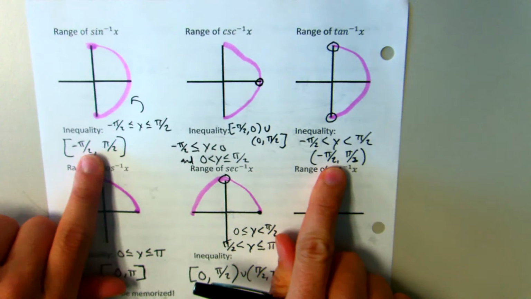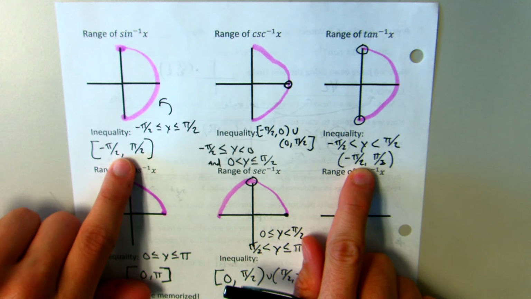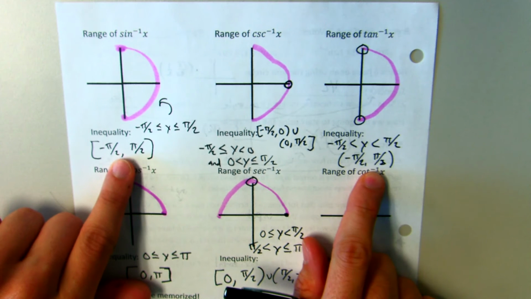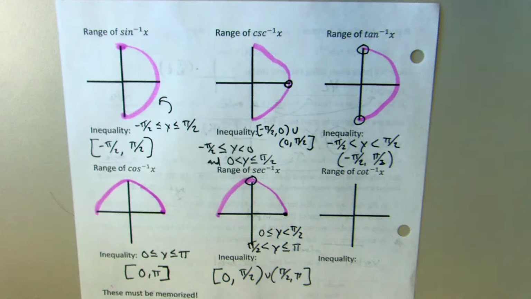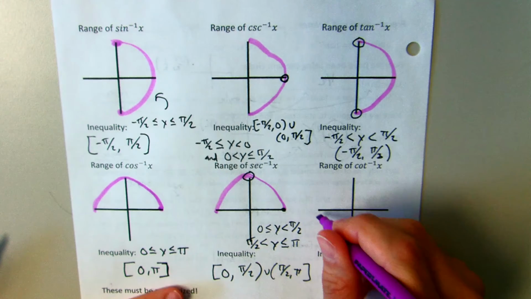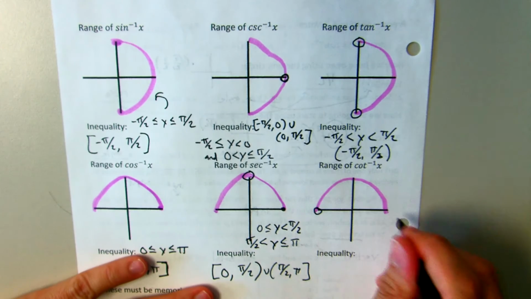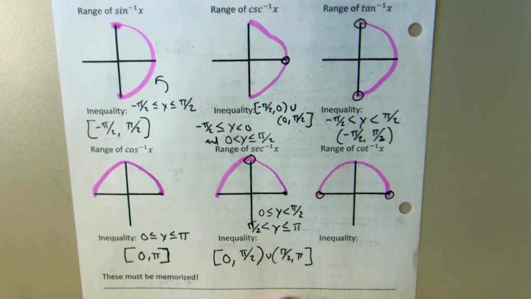So compare these two. They look the same, right? So this one includes the endpoints, so brackets, this one doesn't include the endpoints, so parentheses. Okay. And then inverse cotangent. The range of inverse cotangent looks like this.